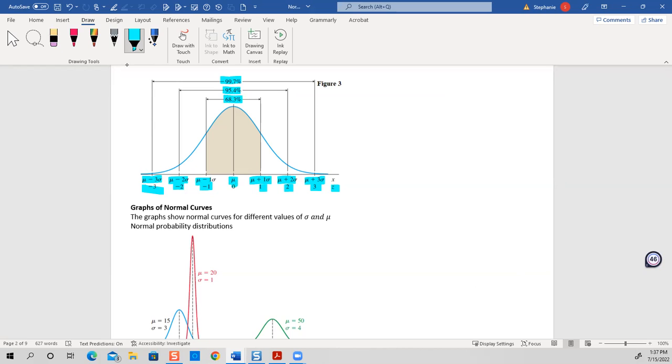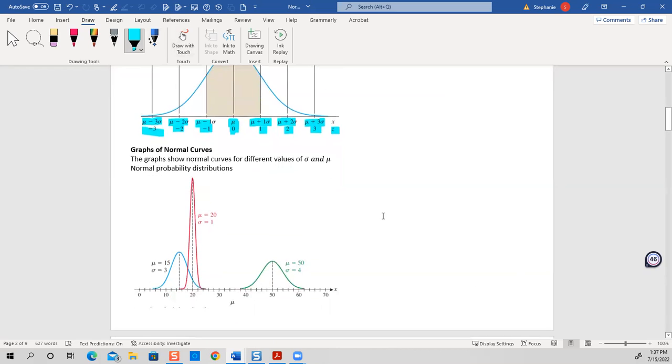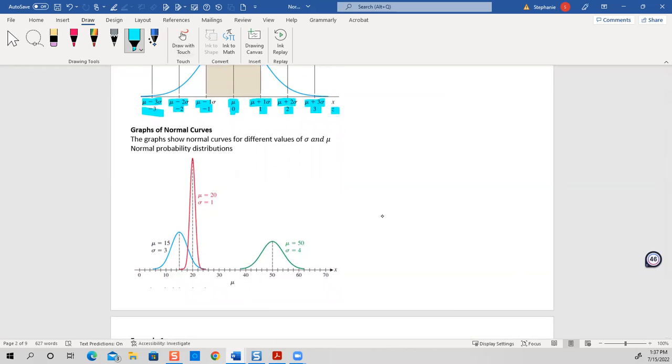And if you notice, mu falls right here in the middle and it's split in half. And mu is the highest point, which is causing this normal bell shape. Okay, so underneath it there are some more graphs, and I thought it was a great example of showing you the difference. So if we have a standard deviation of 1, the data set is closer to the mu, so it's tighter, but we still have a bell shape.